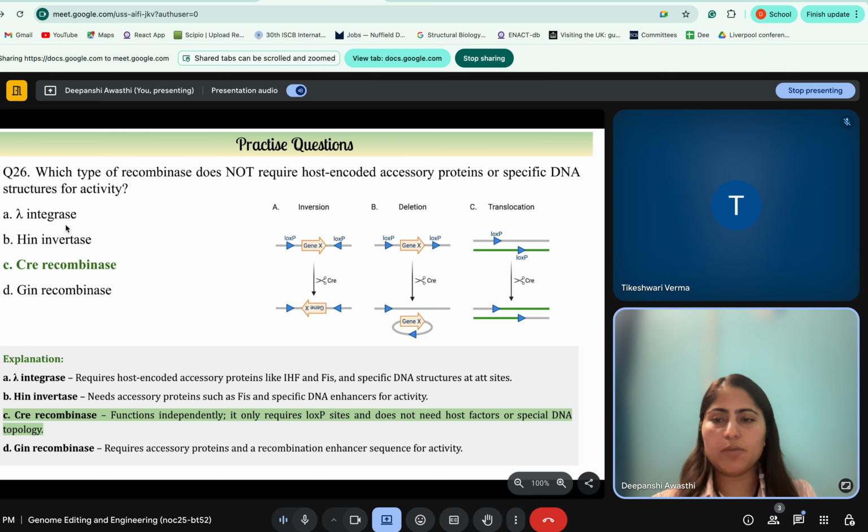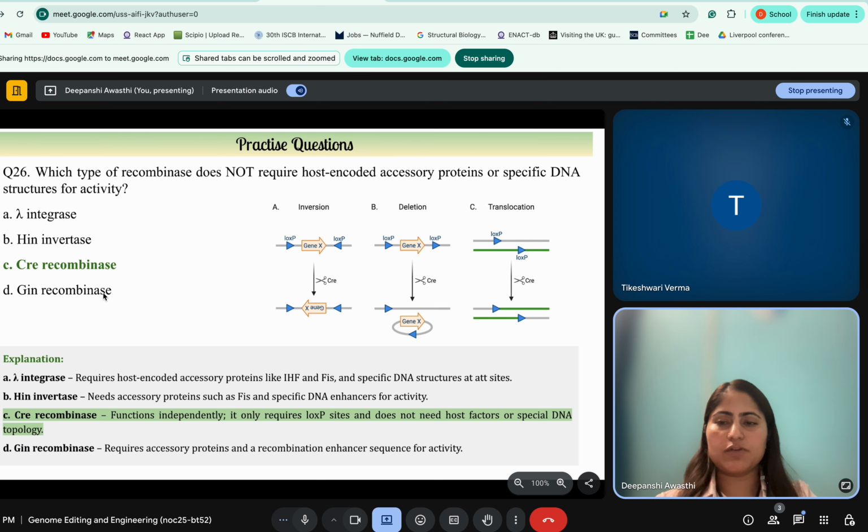If we talk about lambda integrase, then it requires host encoded accessory proteins such as IHF, FIS, and specific DNA structures at the attachment sites. Hin invertase also requires accessory proteins such as FIS and specific DNA enhancers for its activity. But Cre recombinase functions independently and only requires the LoxP sites, and does not require any host proteins or special DNA topology.